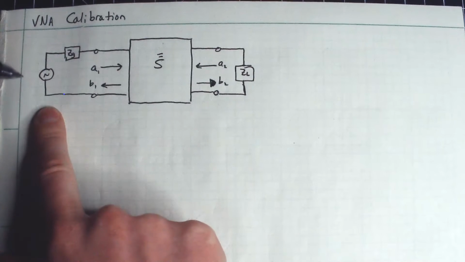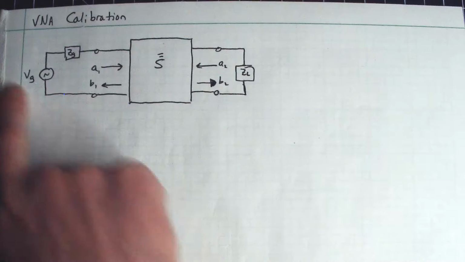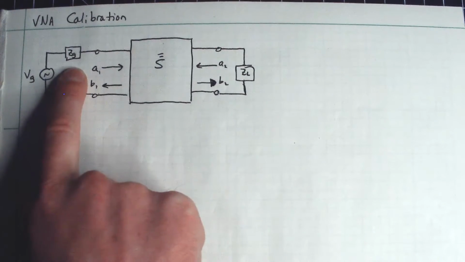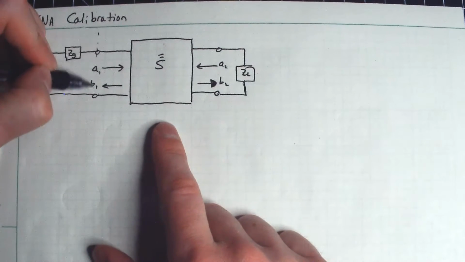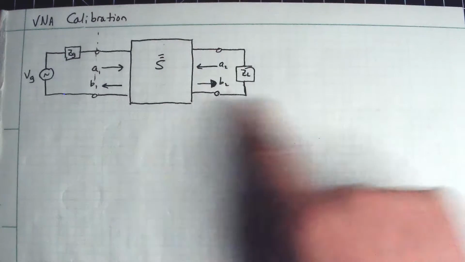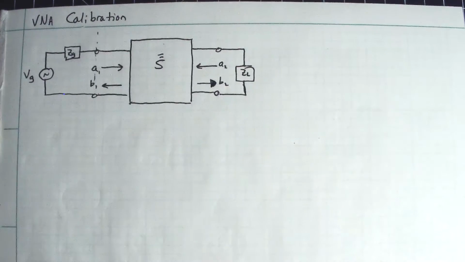Over here, I have some voltage, V sub G, at a constant frequency, and it goes through some output impedance, Z sub G, or generator impedance, and then it excites some mysterious black box of a microwave network, and a bunch of magic happens here to create a forward signal and a reverse signal that all eventually stabilizes.